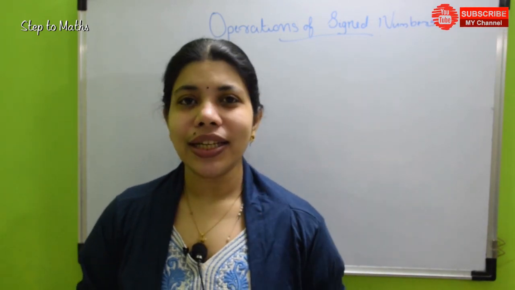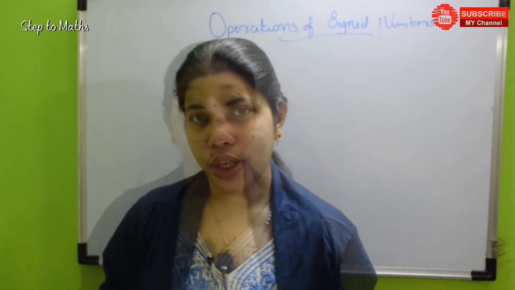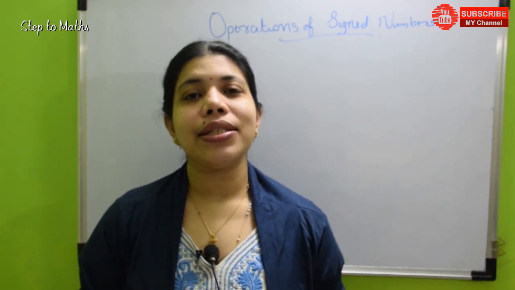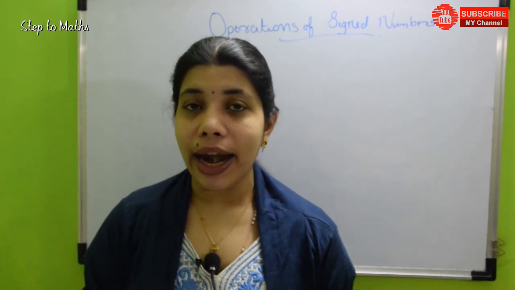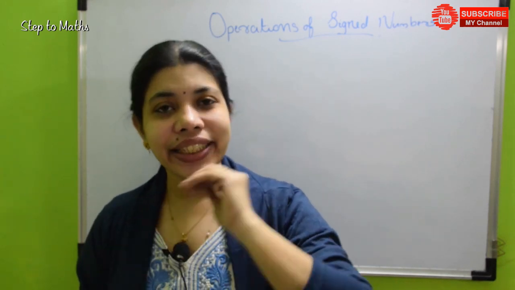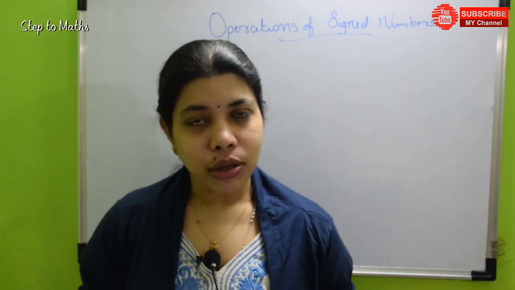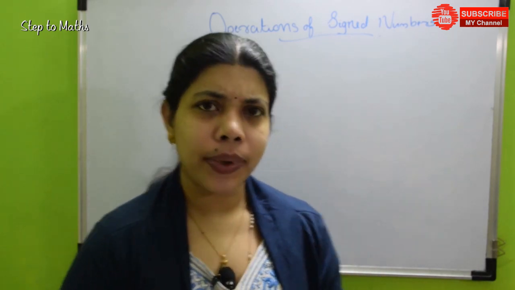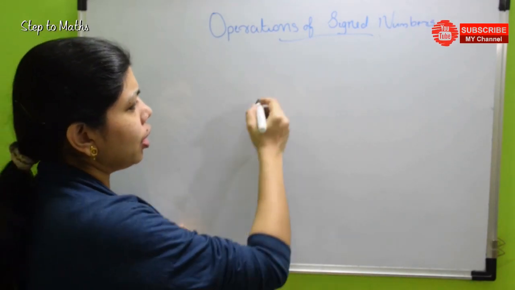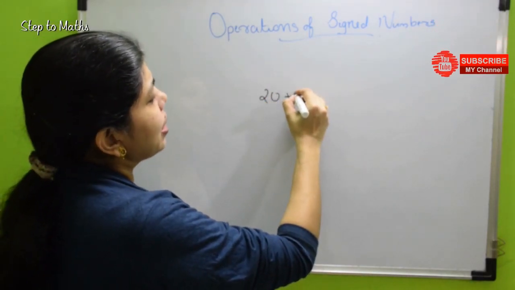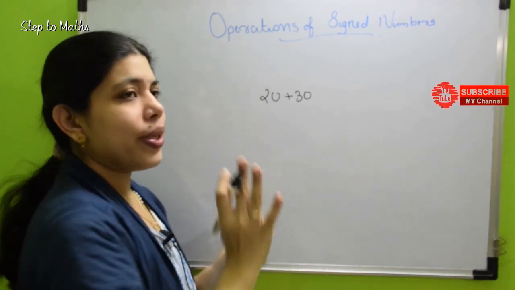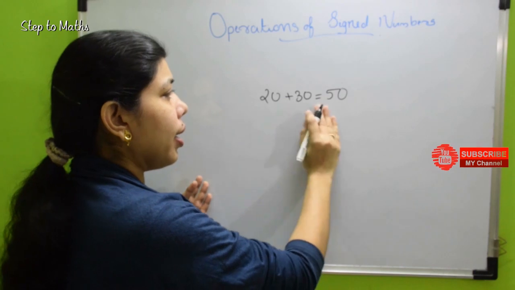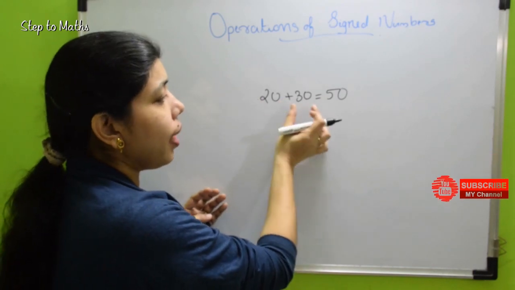So first consider the addition operation. Now we consider the first basic mathematical operation, addition of signed numbers. All of us know how to add two numbers. Simply two numbers, 20 plus 30. 20 plus 30 is equal to 50. Here these numbers are 20 and 30.